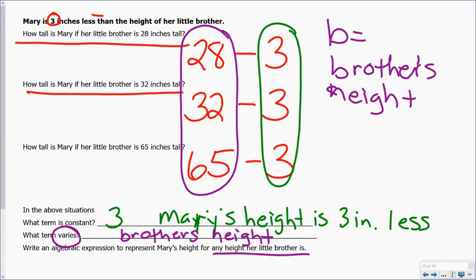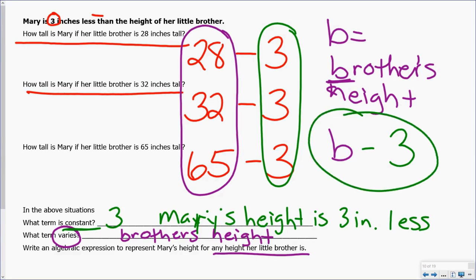And again, you could use any letter here. I use B because brother starts with B. So I know B is her brother's height. And what's happening? Well, Mary is always 3 inches less, and that's our constant here. So we're going to subtract 3 from whatever her brother's height would be. So our algebraic expression to represent Mary's height for any height her little brother is would be B minus 3.